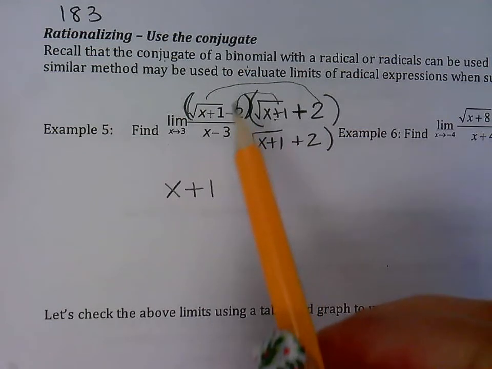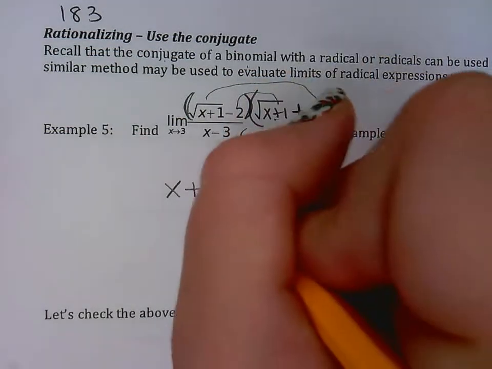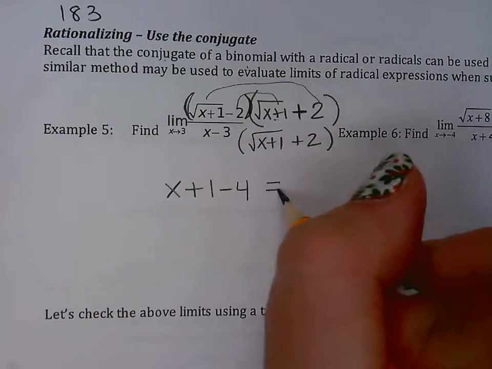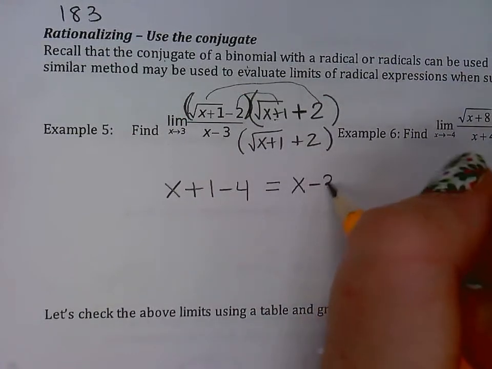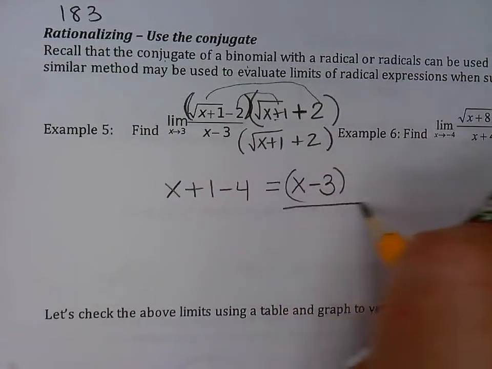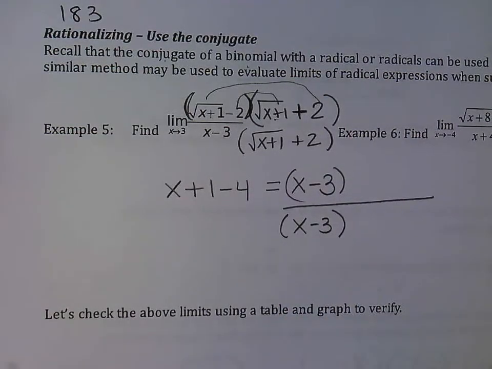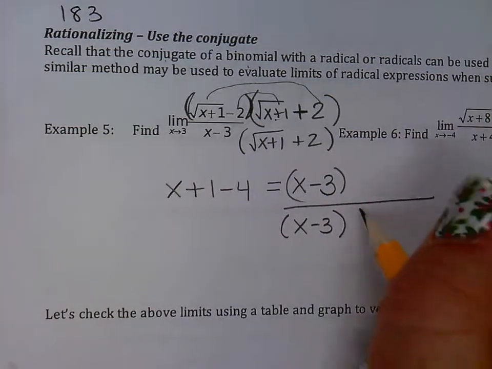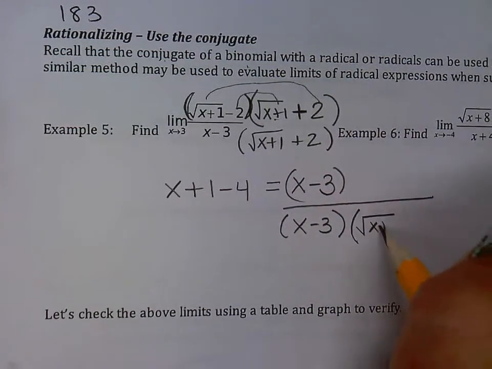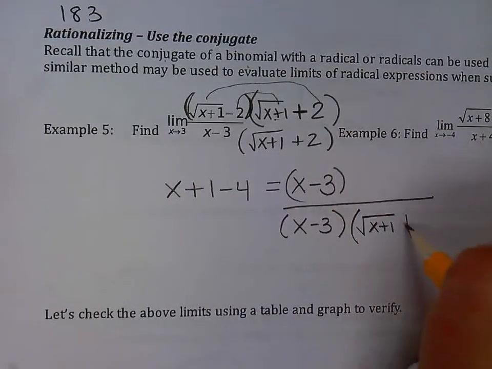Negative 2 times positive 2 is negative 4. So what does that give you in the numerator? It gives you x minus 3, which is a beautiful thing because the denominator's problem was x minus 3. You do not want to do FOIL in the denominator. So you want to leave this as the factor square root of x plus 1 plus 2.